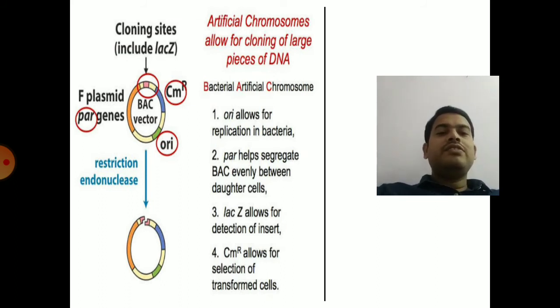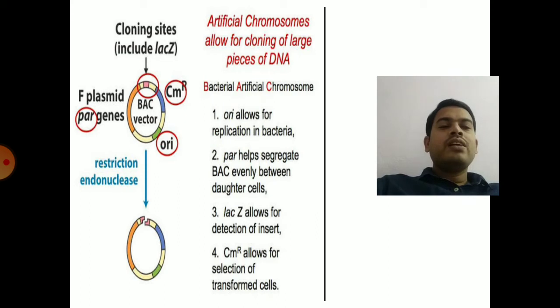And a lacZ gene, which codes for beta galactosidase, plays an important role in identification of your insert. The cloning site is present within the lacZ gene, which codes beta galactosidase, that will cleave X-gal substrate in the medium, converting a colorless substrate to a colored product. If your foreign DNA is inserted in this lacZ gene, which contains the cloning sites, the lacZ expression is stopped and you will get white colonies.